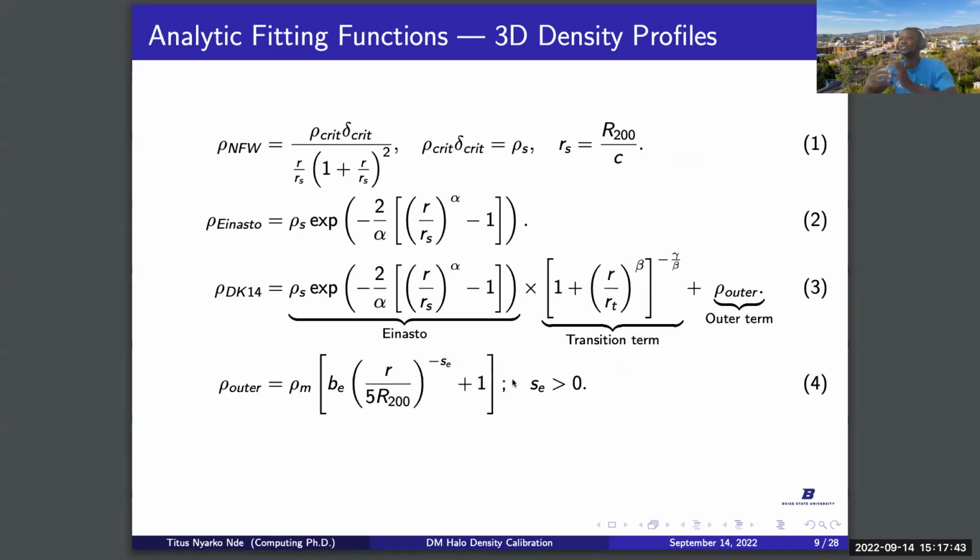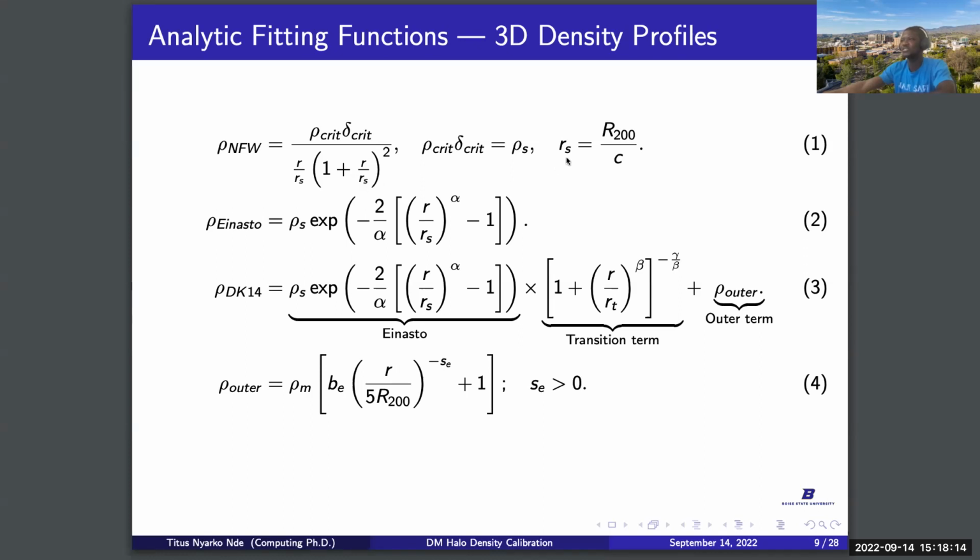Now we also have these analytic density profiles that we use to calibrate density profiles. This is the NFW profile, and this is the critical density. These 2 parameters combined give us what we call the scale density. Then this is the radius, the distance to the halo center, and this is a parameter we call the scaled radius.